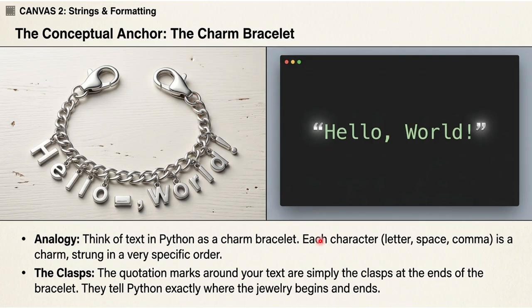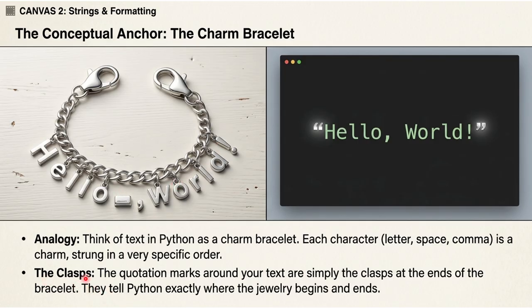Each character, letter, space, comma is a charm strung in a very specific order. So if you see over here this H is this charm, E is this charm, L is this charm. That's how all this is strung together, in a very specific order.